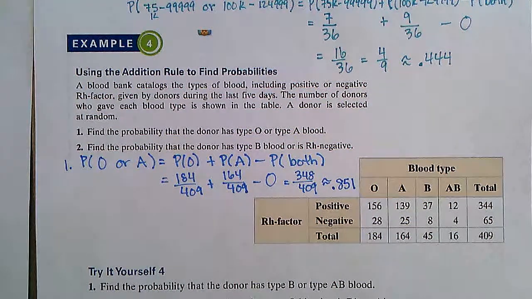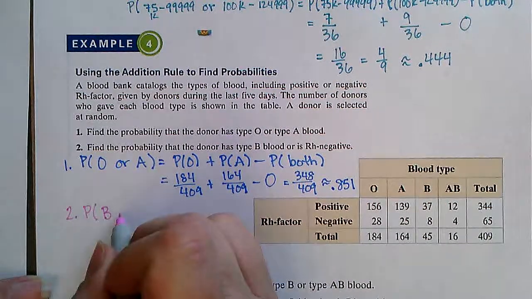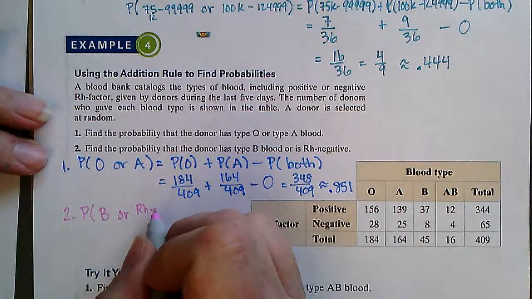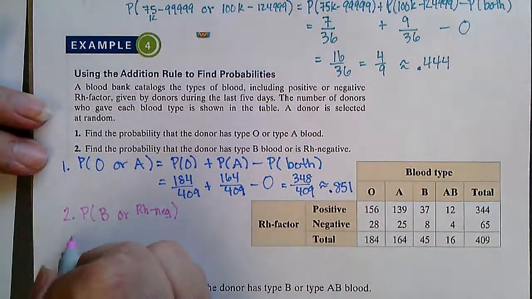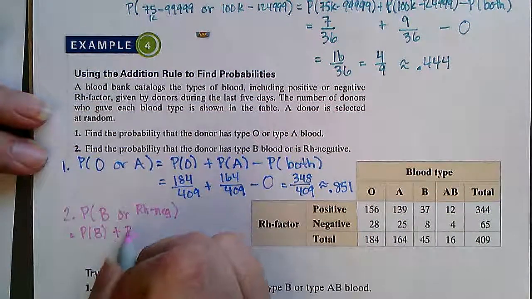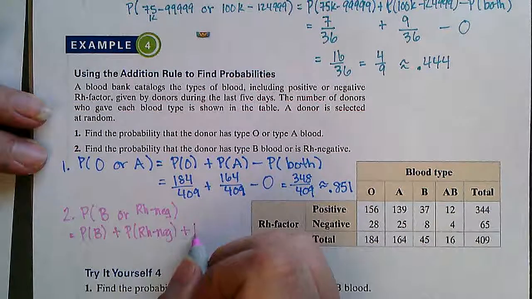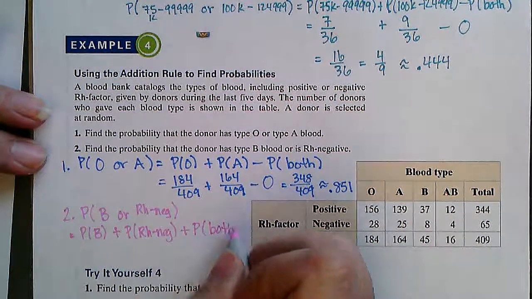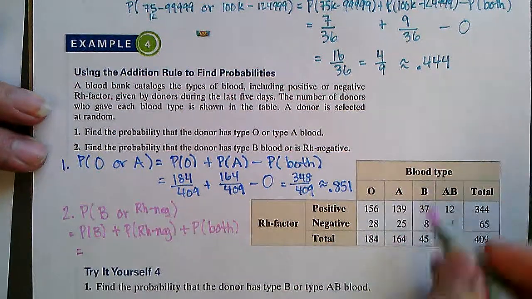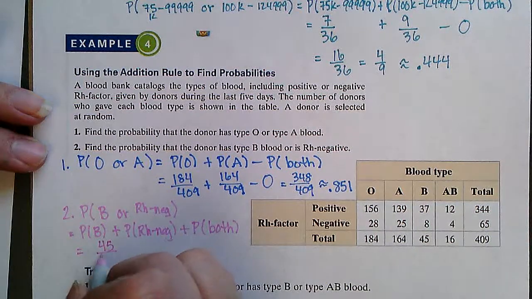Now, how about finding the probability that the donor has type B blood or is Rh negative? So that would be the probability that they are type B plus the probability that they are Rh negative minus the probability that they are both. For type B, that probability is 45 out of 409.